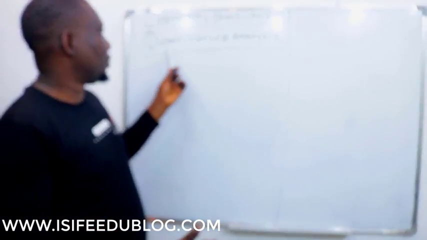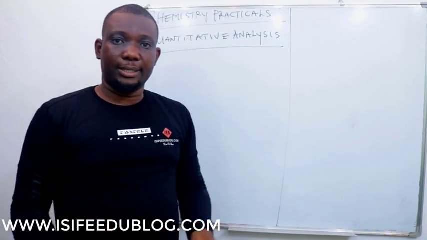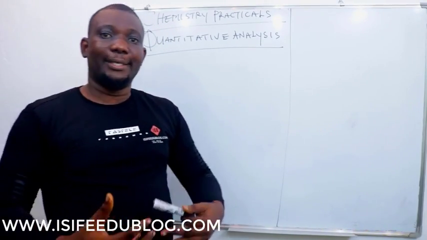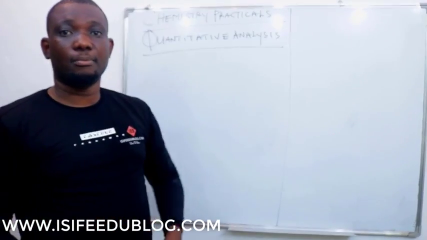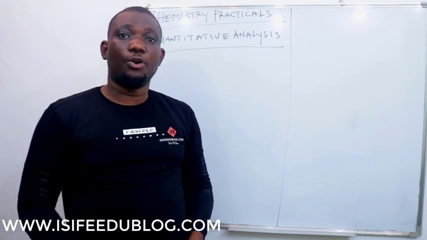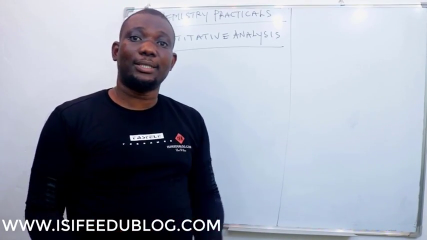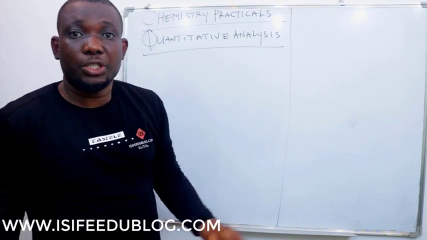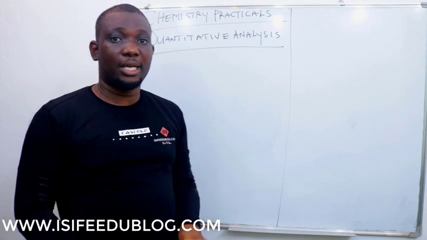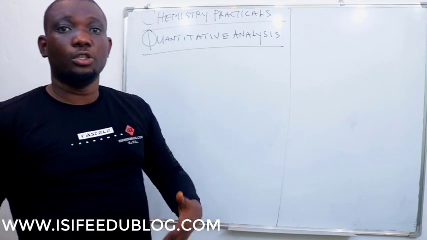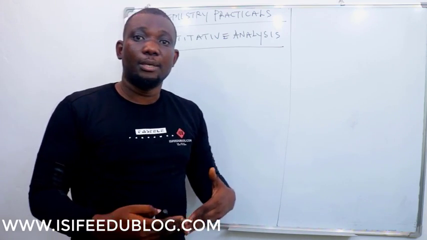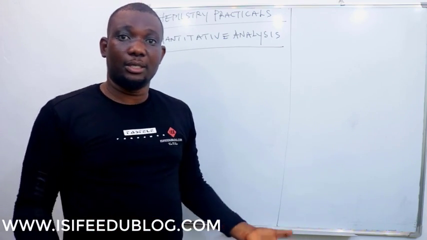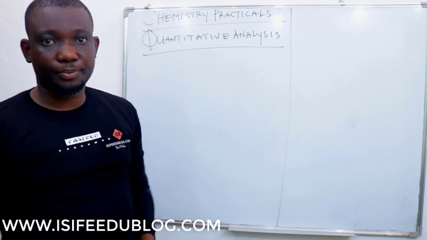Meanwhile, when we talk about quantitative analysis, what does it mean? It is a measurement of quantities, or amounts, of acid and base in their solutions. That is what quantitative analysis is. And the only method used to achieve this measurement of the amount of these substances in their solution is by titration.